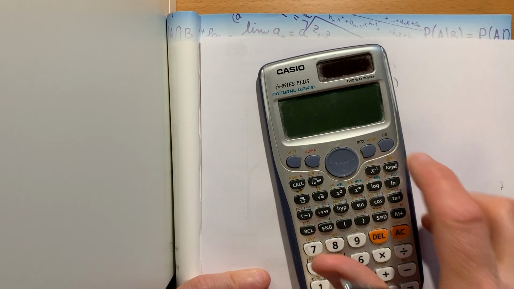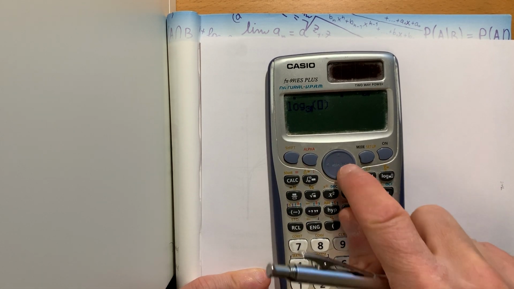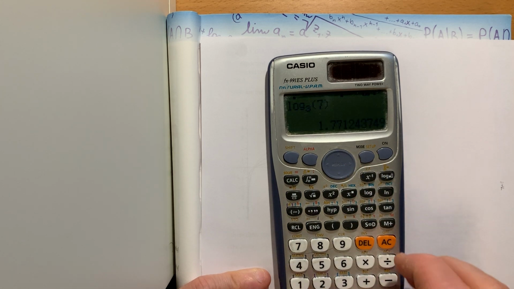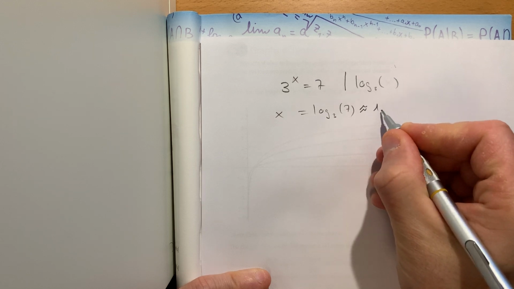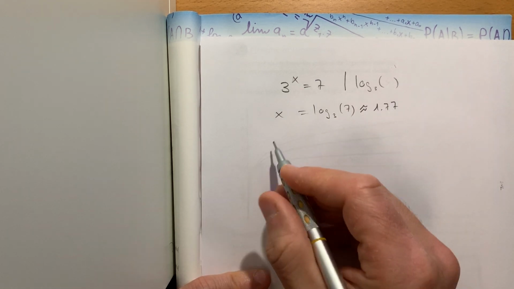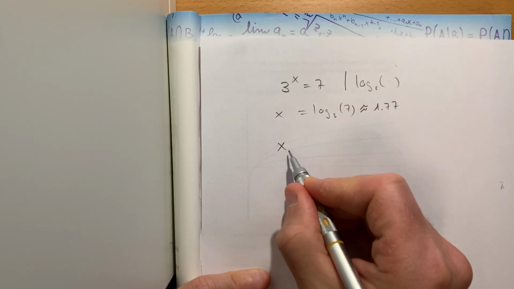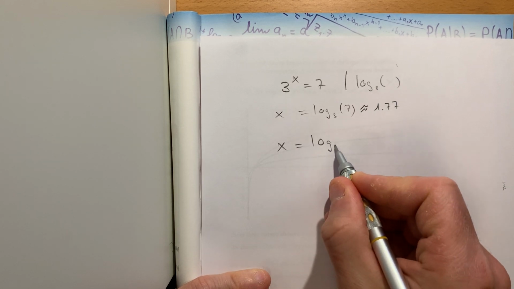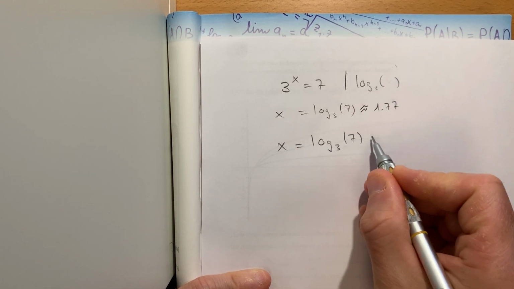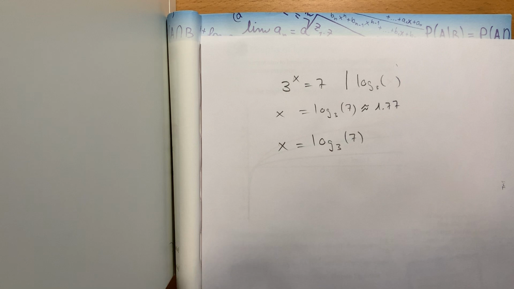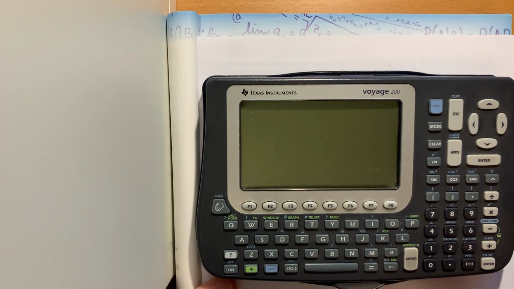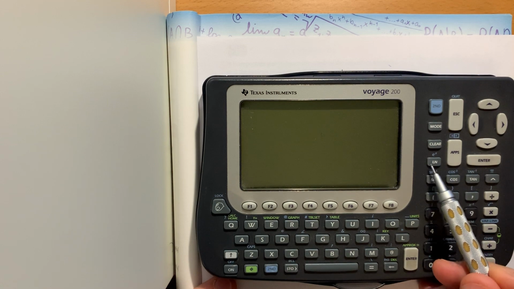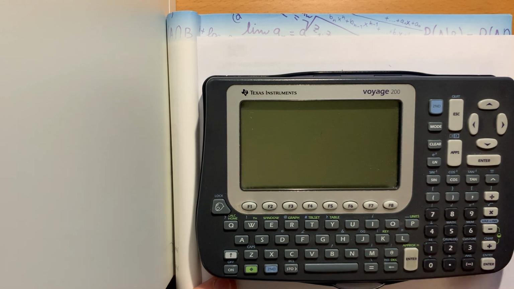Well, we have this key on this calculator. That's 1.77 approximately. But you could have said, well, I don't have that key on my calculator, like for example this calculator. It does not have such a key. It's only got the ln key.